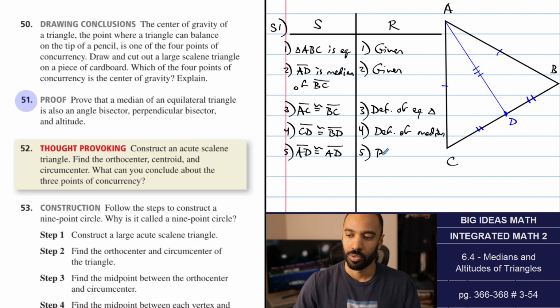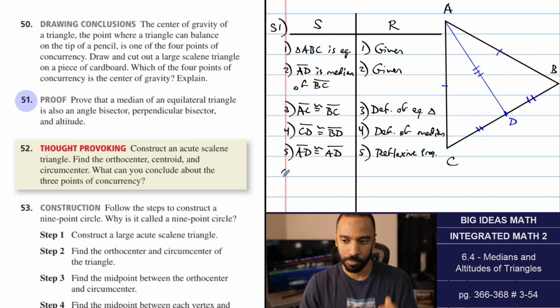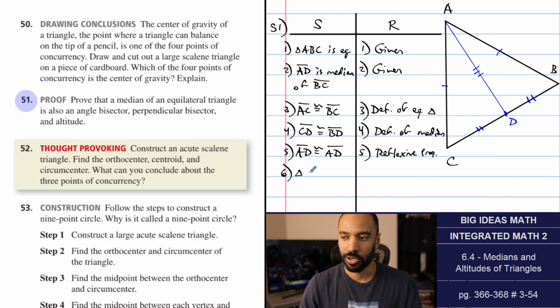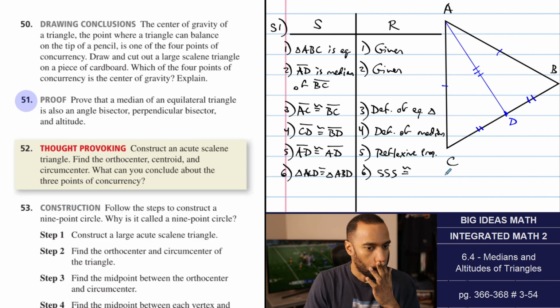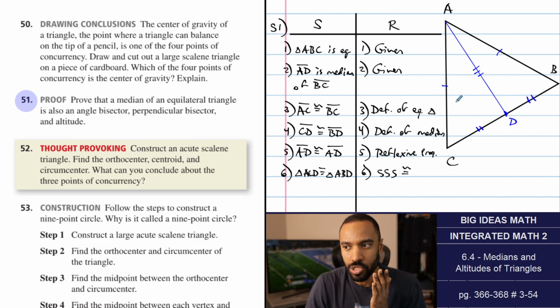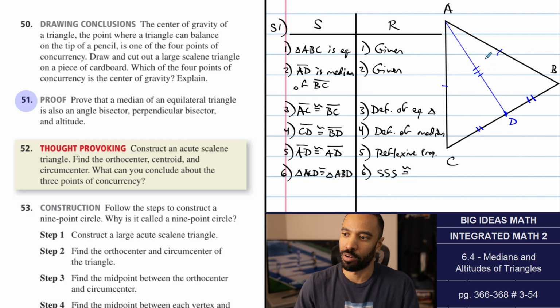So, reflexive property. I'll almost have more room for these things after. Triangle ACD is congruent to triangle ABD by side, side, side congruence theorem. Okay, now that we're here, I'm going to do the angle bisector one first.